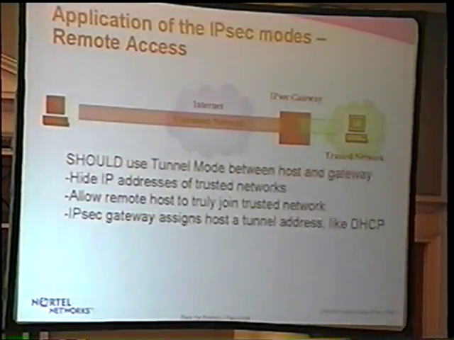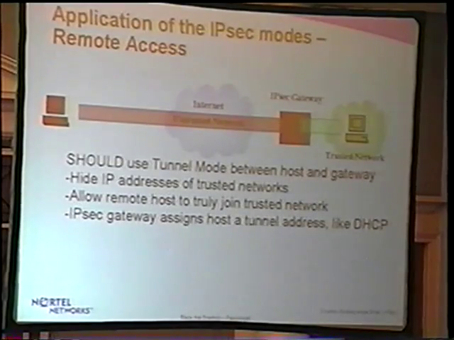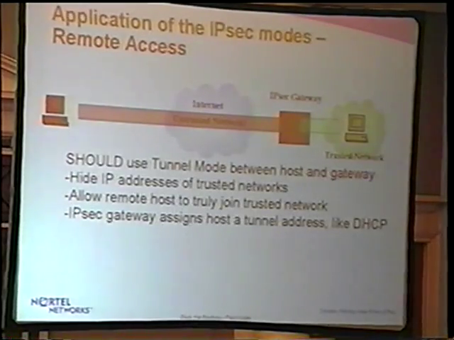Okay, the other mode that we talked about, or the other approach, is remote access. And in this case, you want to use tunnel mode in most cases. This allows you to assign an internal address to the client PC that can be used locally on the trusted network.